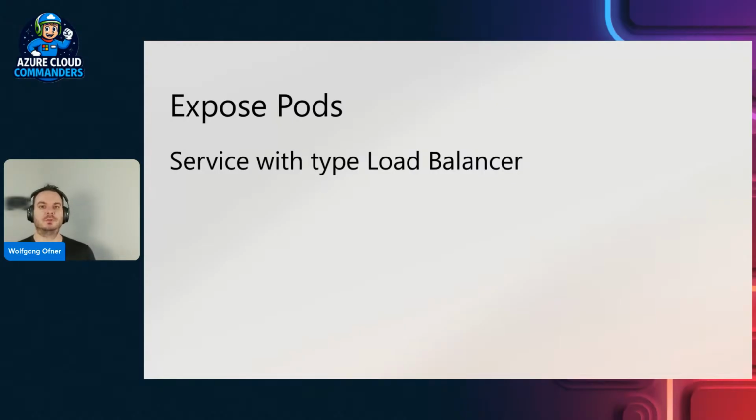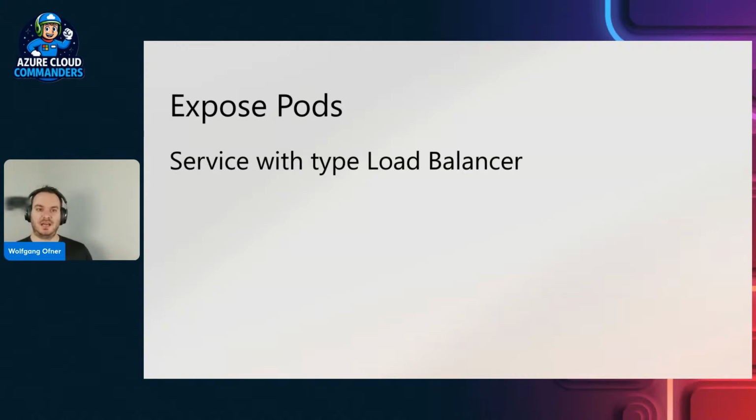The first one would be to use a Kubernetes service of type load balancer. This makes it accessible outside the cluster. And if you're using a cloud provider like Azure, AWS, GCP, then you get a public IP address attached to this service. This means I can access my application over the internet with this public IP address.